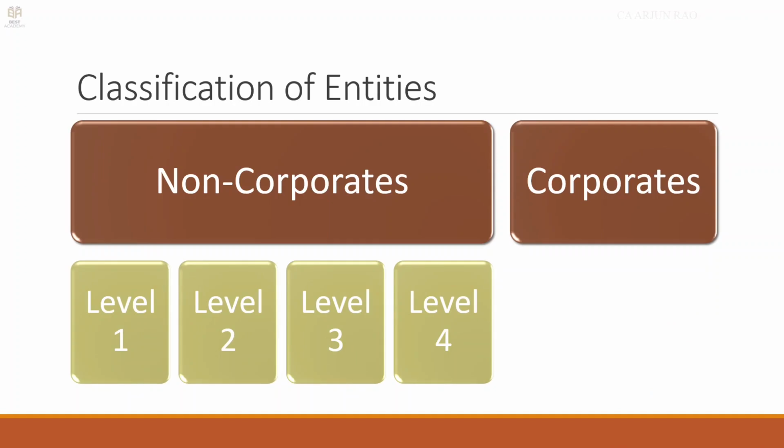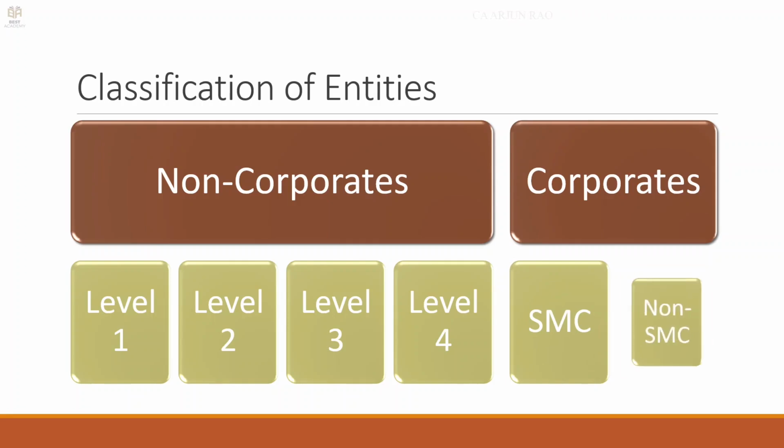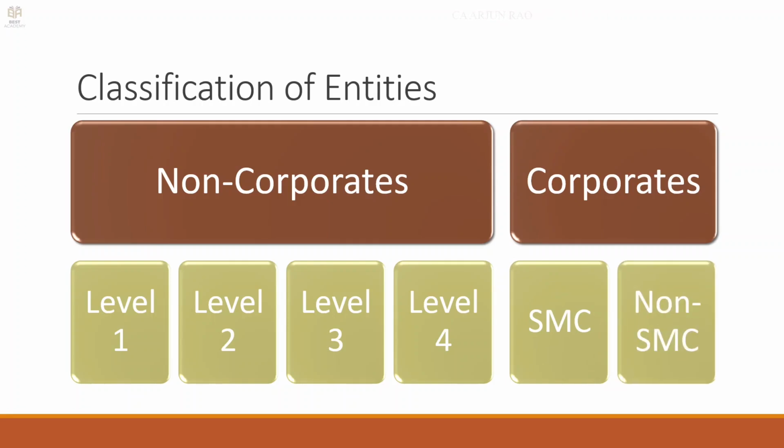Level 1 being entities which need to follow all accounting standards. Entities falling in level 2, 3 or 4 will be entitled to certain relaxations and exemptions. Corporate entities are classified into SMC and Non-SMC. SMC is small and medium company. SMCs have more exemptions and relaxations, non-SMCs do not.